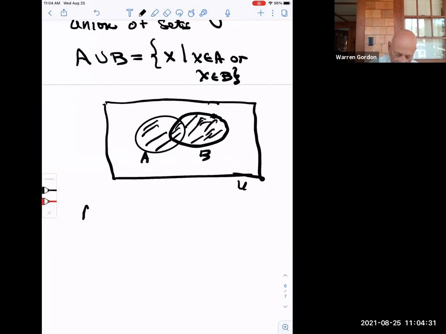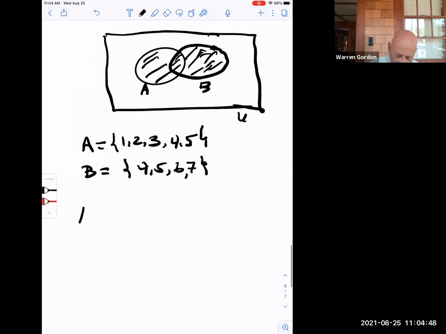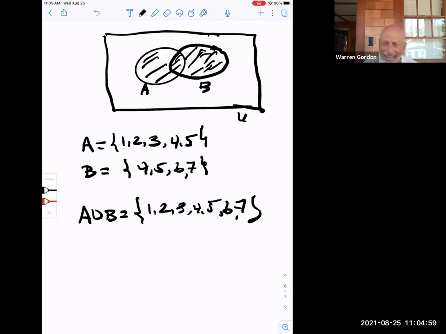For example, if A was the set with elements 1, 2, 3, 4, 5, and B is the set 4, 5, 6, 7, then A union B would be 1, 2, 3, 4, 5, 6, 7. Every element is either in A or in B or in both.